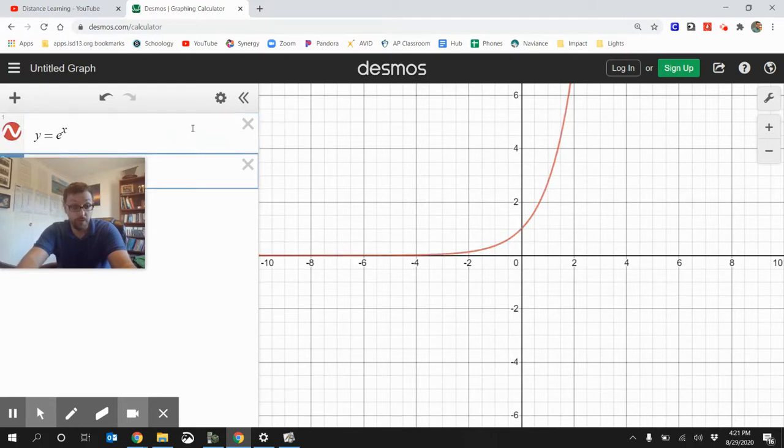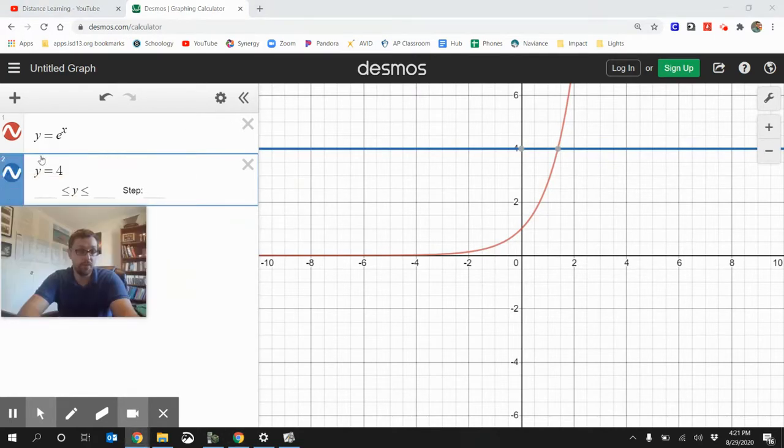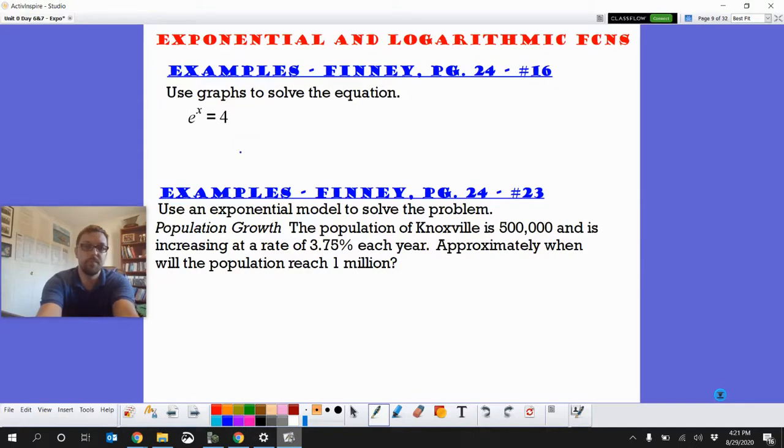I could solve it by graphing another line, y equals 4, and so now that I've got two y values, where these two meet is going to be the solution of e to the x equals 4. So, boop, right there. So our x value of 1.386 is going to be our solution for that one. Nice and fast, just finding the intercept.